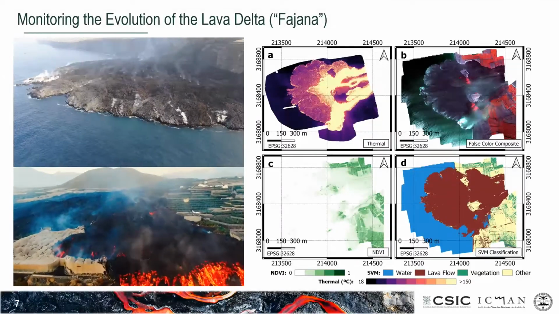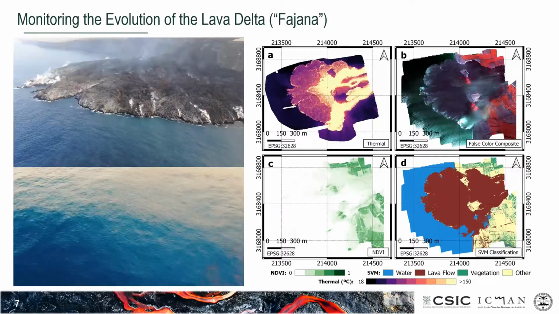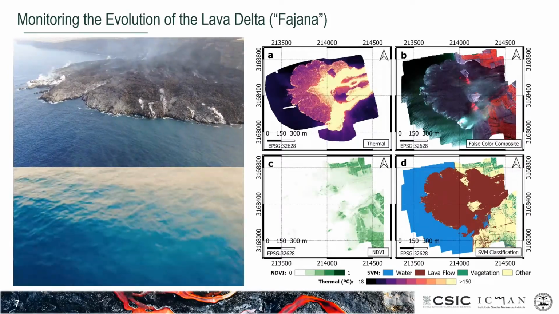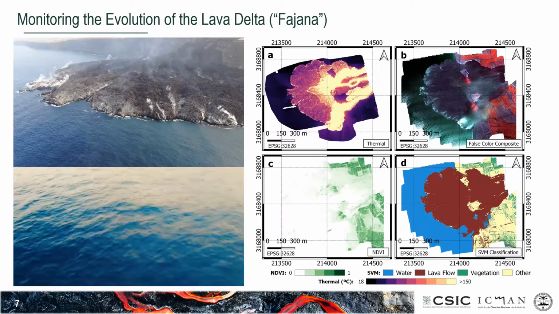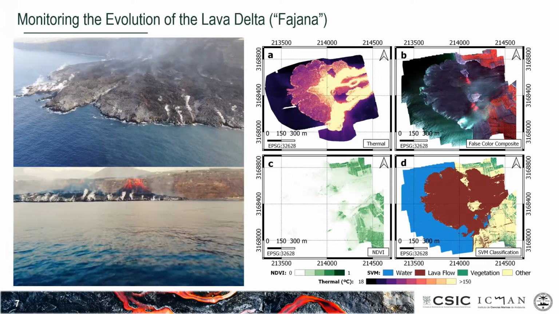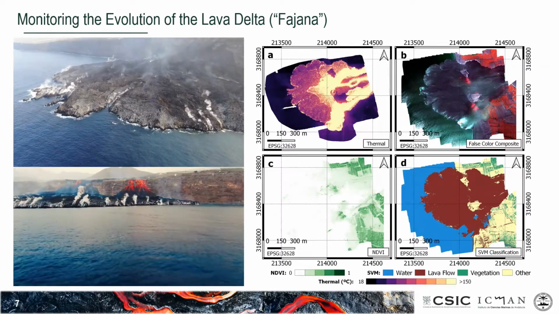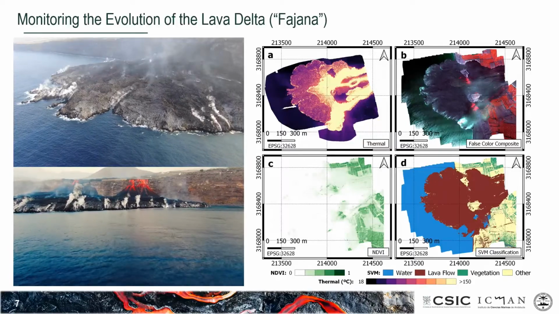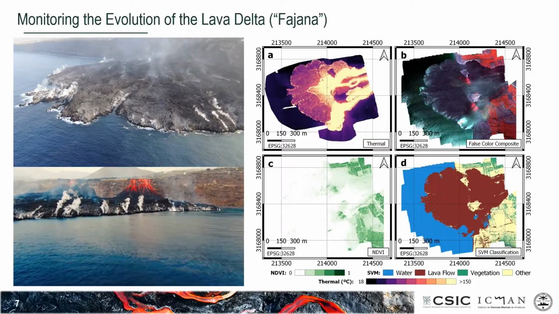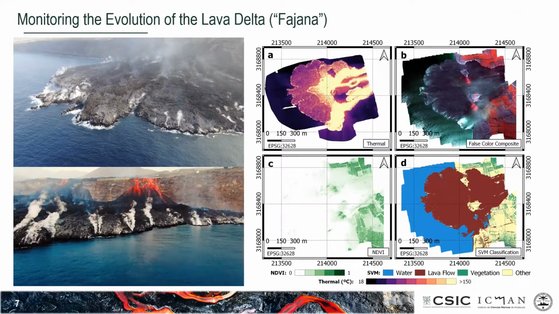And we also used a multispectral sensor of 10 bands monitoring this area of banana plantations, which are one of the main economic resources of the island. So we were able to generate a false color composite, which is panel B of the figure, an NDVI index that highlights the vegetation in panel C, and also a supervised classification based on the spectral information provided by the multispectral sensor.